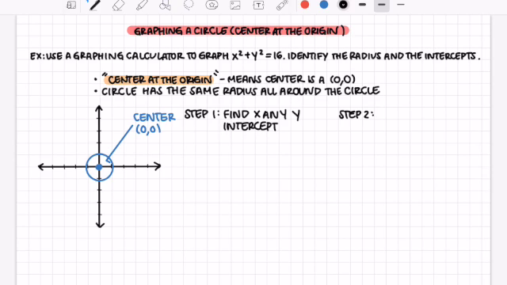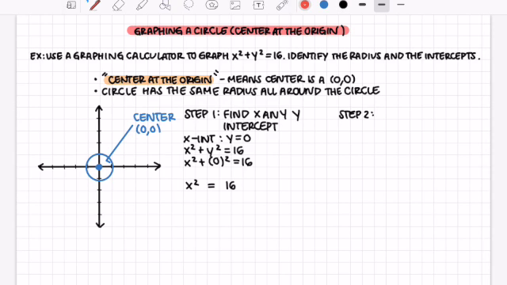If I'm going to find my x and y intercept, let's start off with x intercept first. I need to substitute my y value for 0. So from my equation, x squared plus y squared equaling 16, I'm going to substitute my y value for 0. 0 to the power 2 equals 16. Then that becomes x to the power 2 equaling 16.